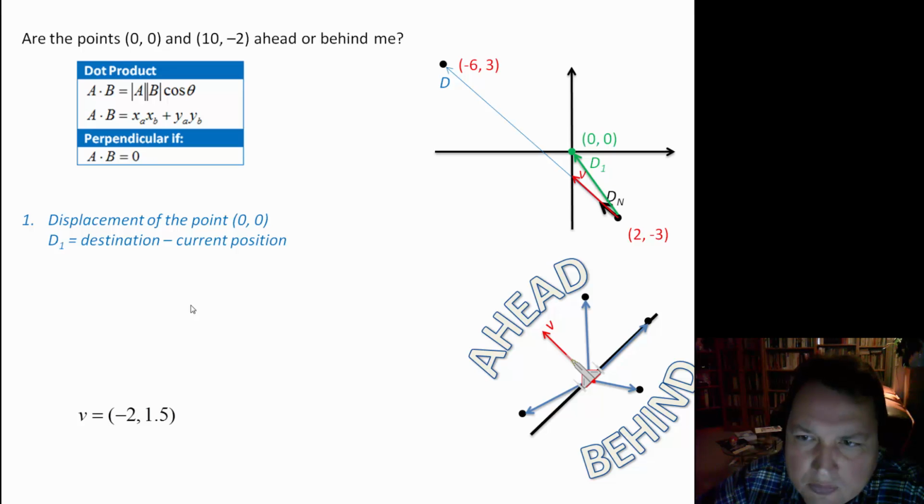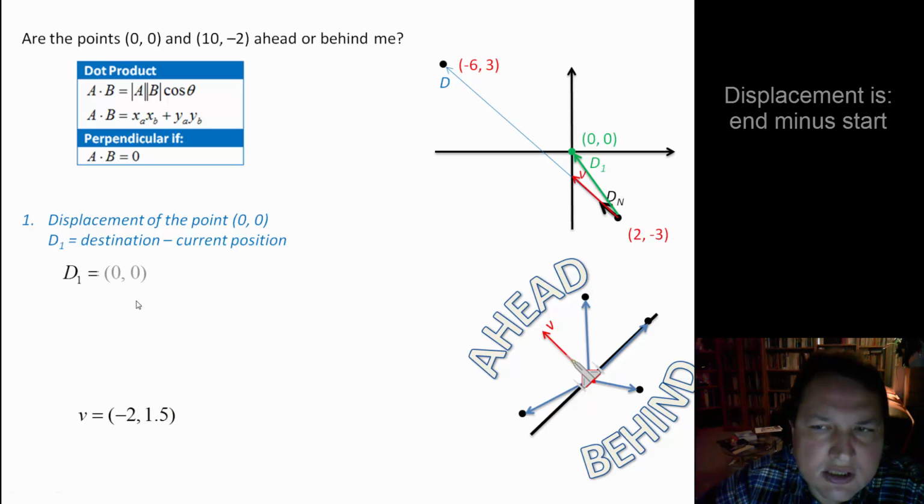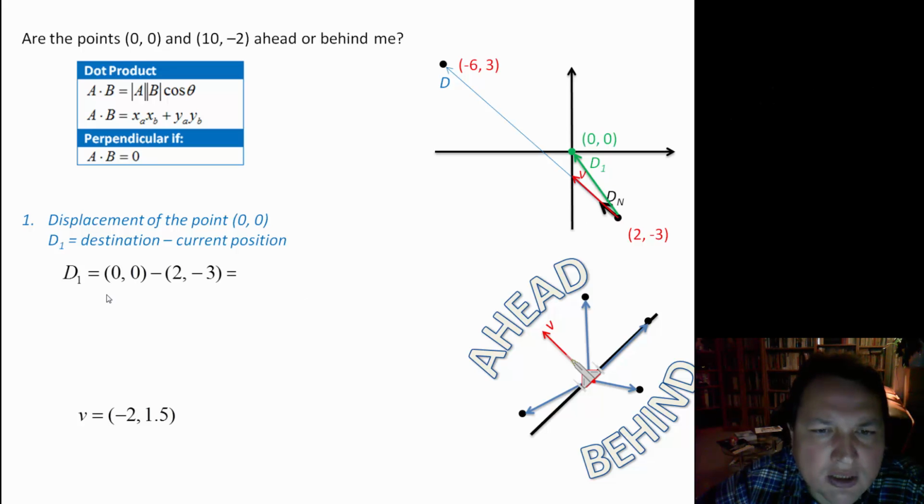That's this green vector d1 here. So d1 is (0, 0), the coordinates of the point I am checking, minus my current position (2, -3). 0 minus 2 is minus 2, 0 minus minus 3 is plus 3. So the displacement vector, the green one, is (-2, 3).